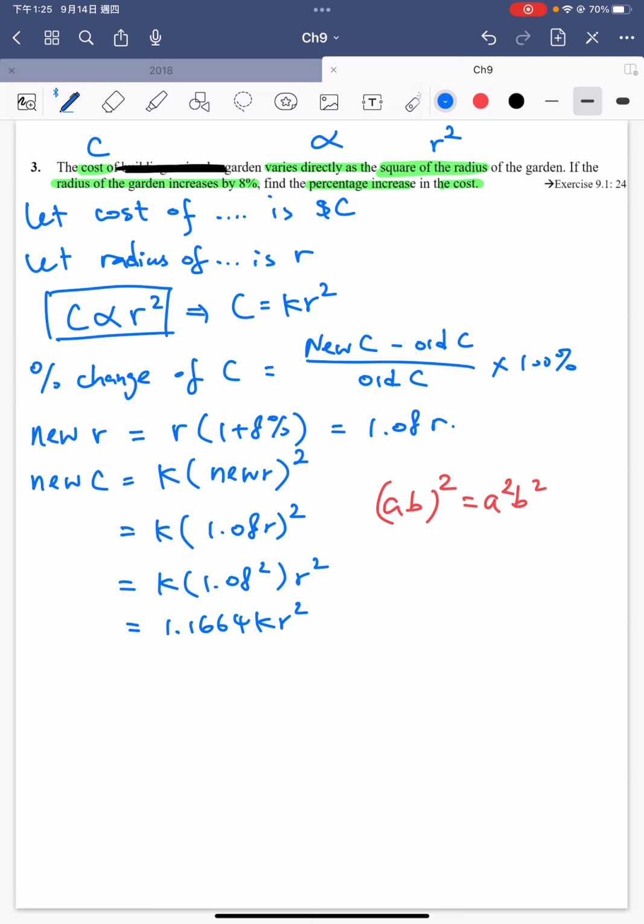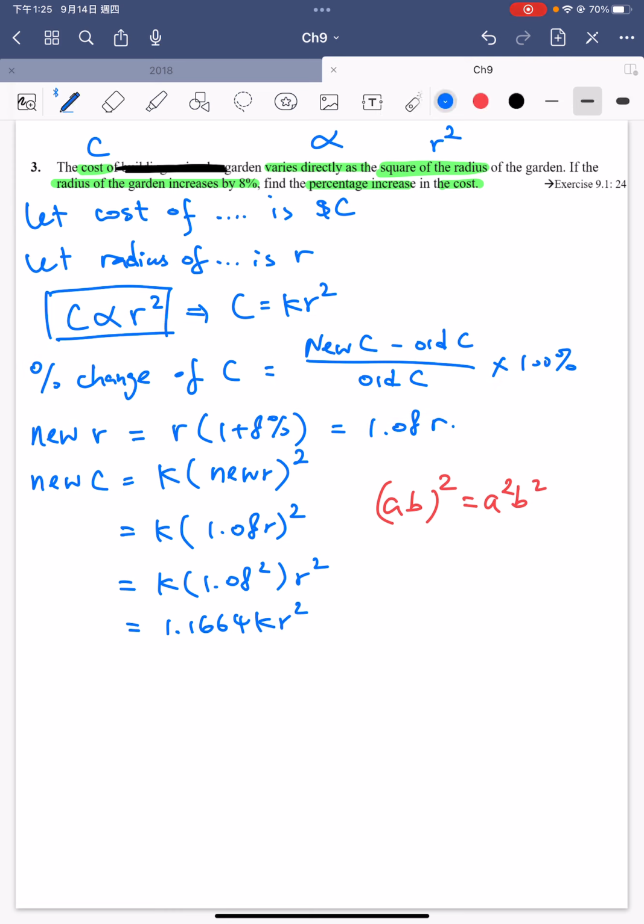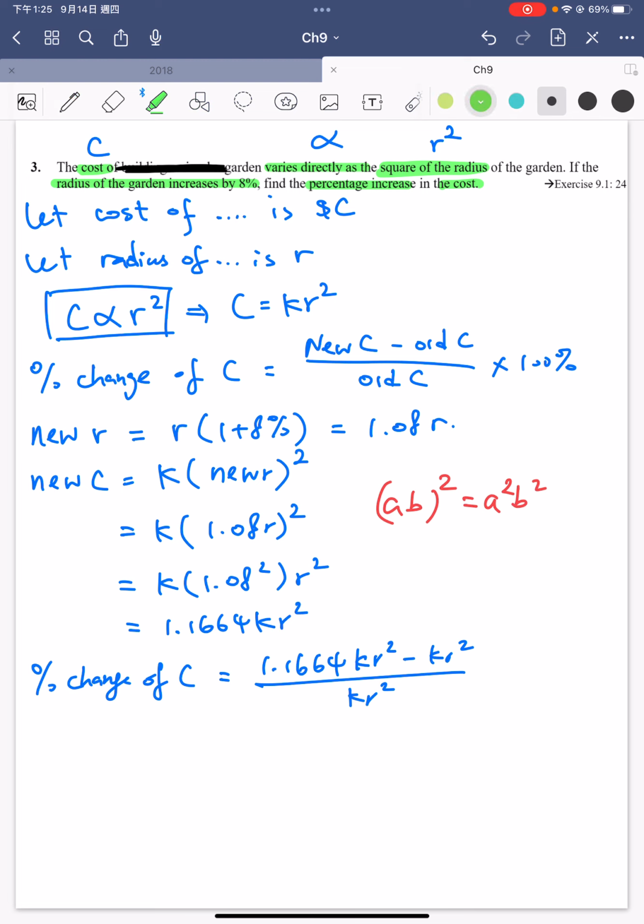Then next step, we can use our formula, new C minus old C divided by old C, to find the percentage change of C. So the percentage change of C is equal to 1.1664 KR squared minus our old C, which is KR squared, and then divided by KR squared. Similarly, we can take out our common factor KR squared in the numerator.